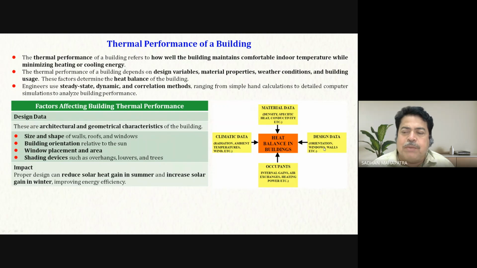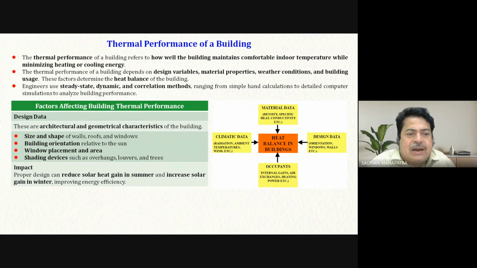It depends on the building design data: how the building is oriented, number of windows, walls, what is the area of the window with respect to the wall area, and the occupants, the inhabitants inside the building, like internal heat gain, air exchange rate, or whether there is any heating power, etc.